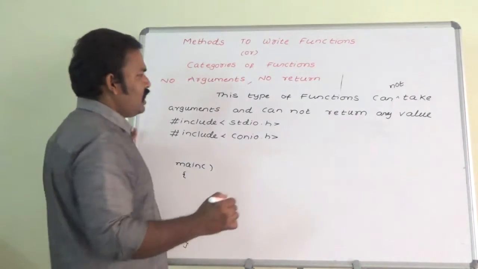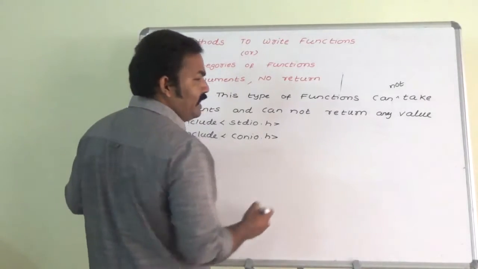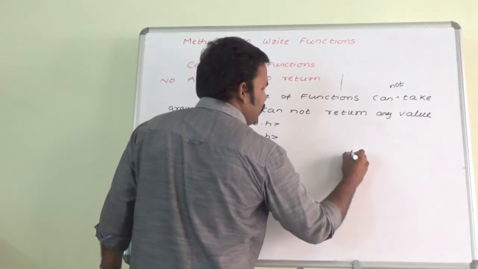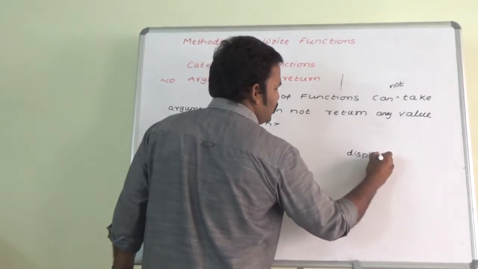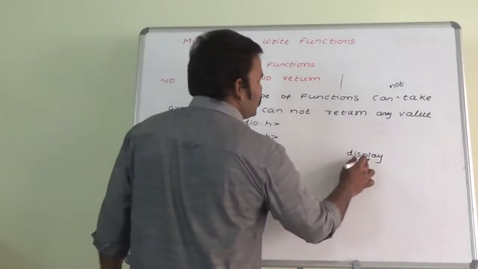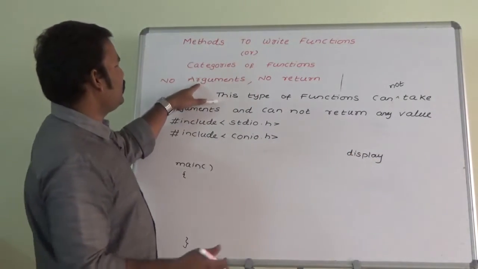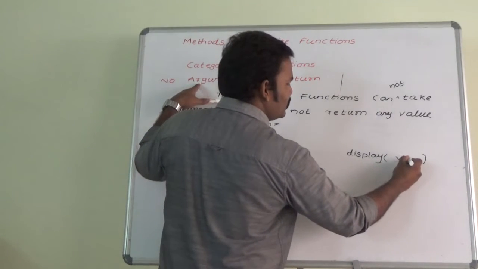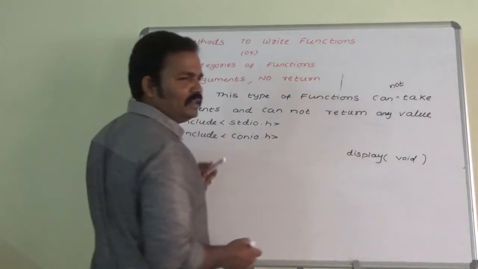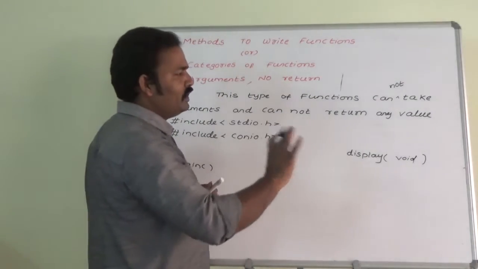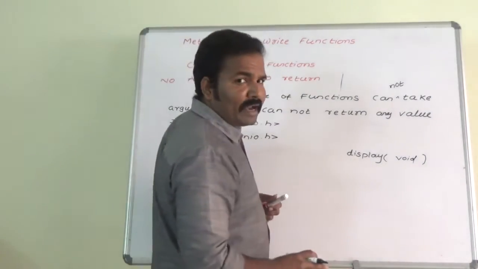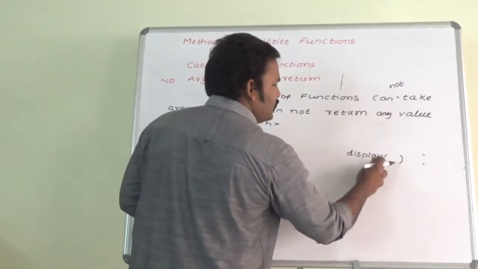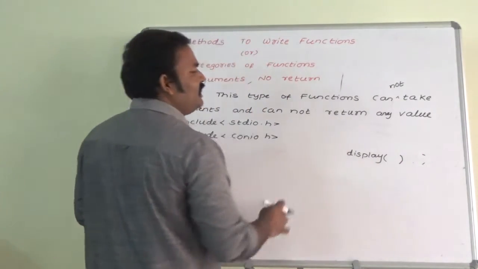Now in this program I want to create one function. My function name is display. This function cannot take any arguments, which means the parameter list or argument list is void. Void means no parameters to declare, so no need to declare any arguments. So this function cannot take any arguments and cannot return any value.